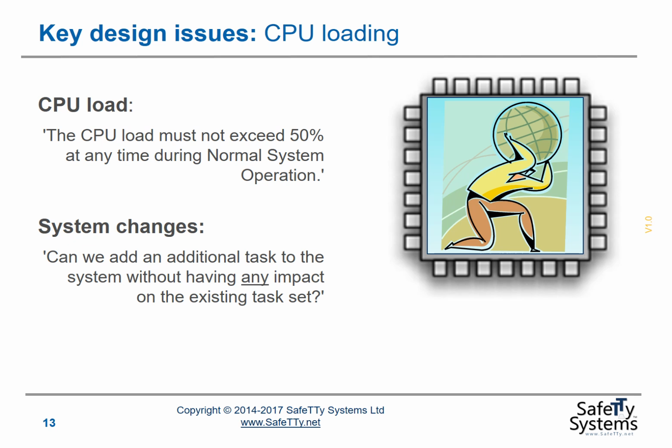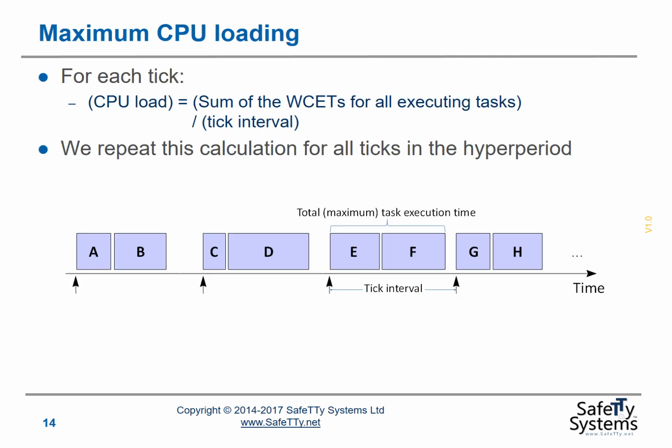So in a TT design, once we've got a set of tasks, if we add additional tasks after the current tasks in the schedule, if there's space in the schedule, we can do so without having any impact on the tasks that are already included in the task set. This again is extremely powerful. We've run through techniques for modeling the maximum CPU load and saw this is a very simple process. By now you should be familiar with it.